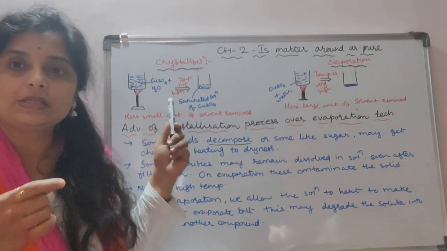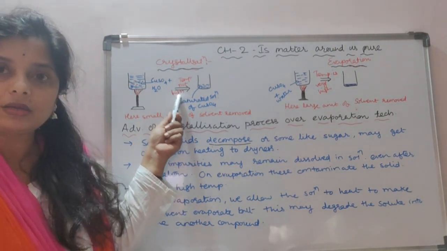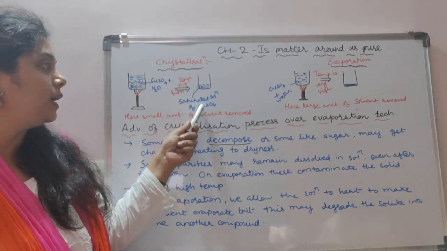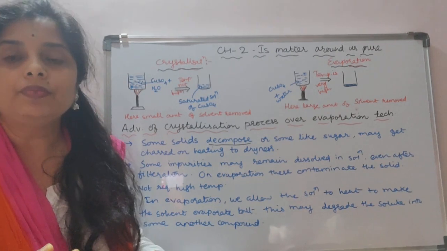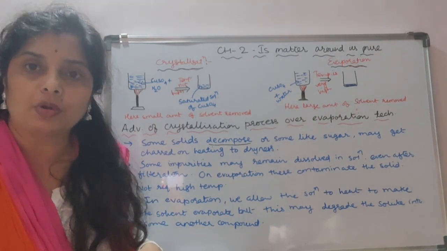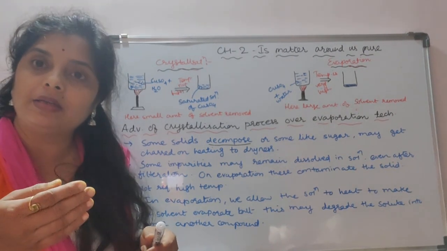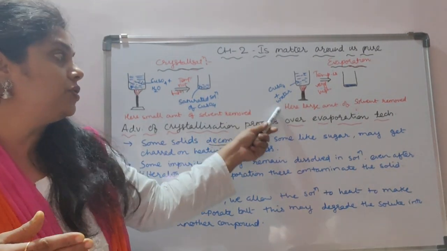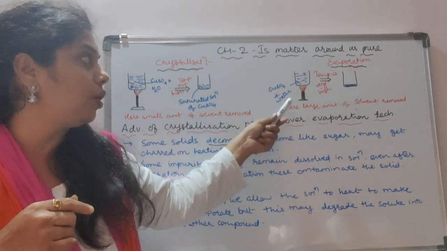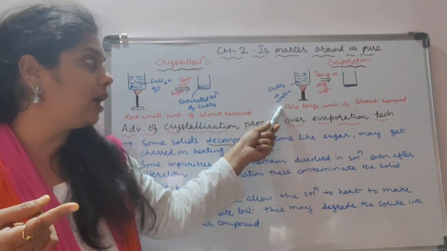Okay, so here I just repeat again. In crystallization, less temperature is required, and as we get the saturated solution and cool it for 24 hours or more, we get the crystals, and we can separate the crystals from the impurity, which is not possible in evaporation, as a very high temperature is required.